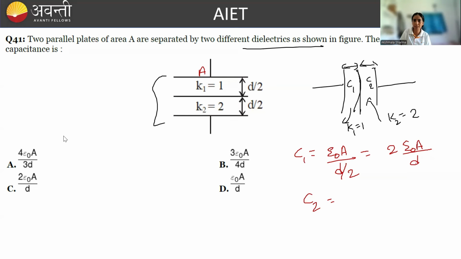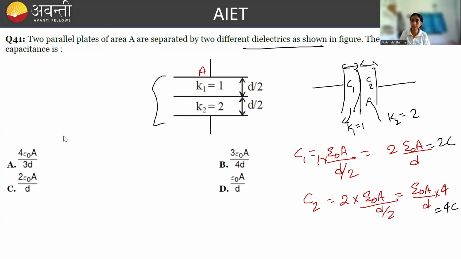C2 will be K2 times, that is 2 into epsilon naught A by d by 2, because when a dielectric is inserted, capacitance becomes K times. Here K is 1, so 1 into that. Here K is 2, so 2 into. Now this will become epsilon naught A by d into 4. Let's say epsilon naught A by d is some C. So this is 2C and this is 4C.